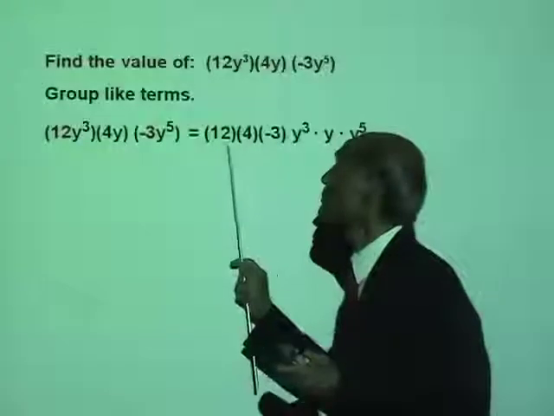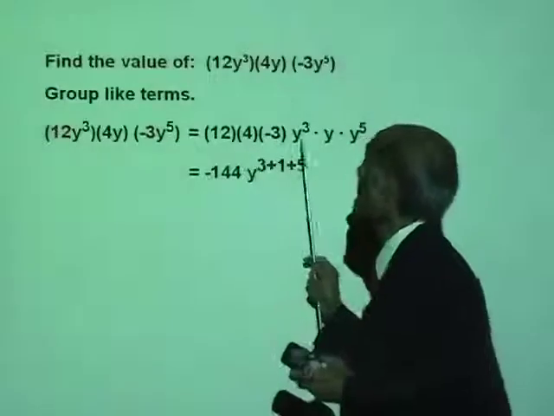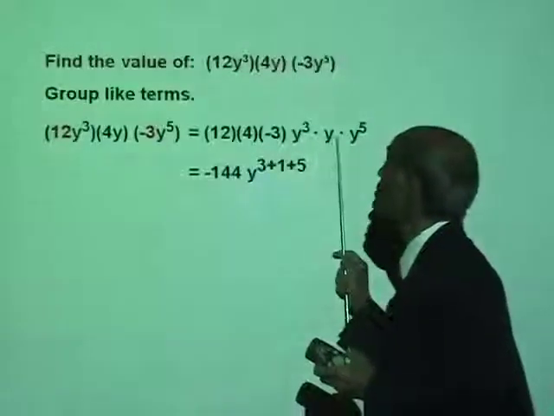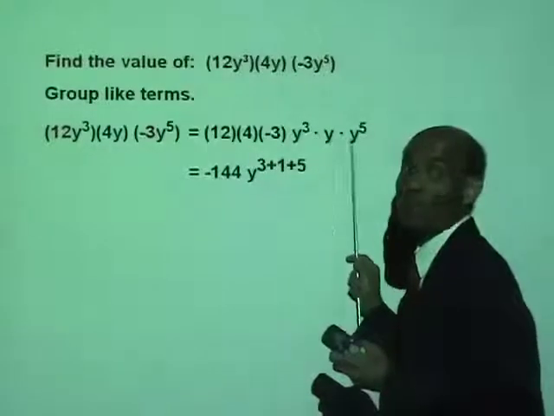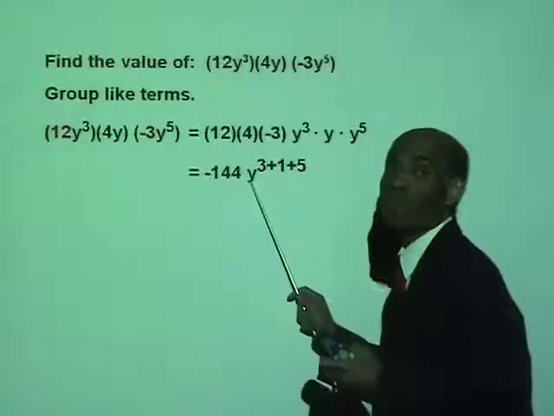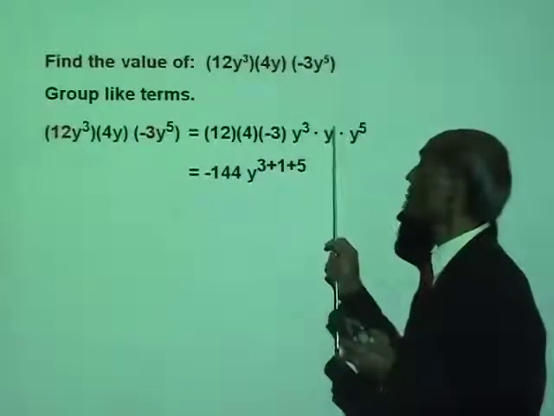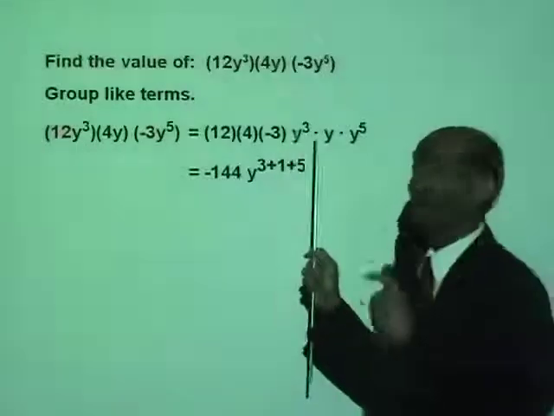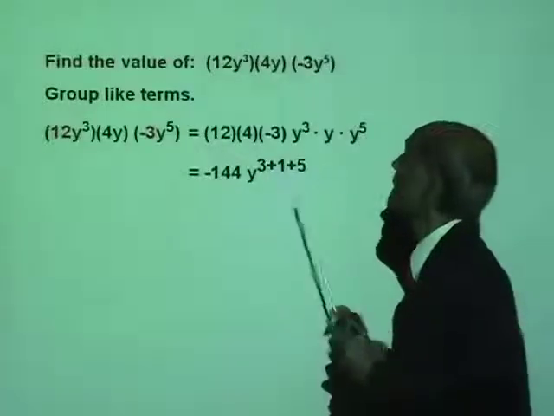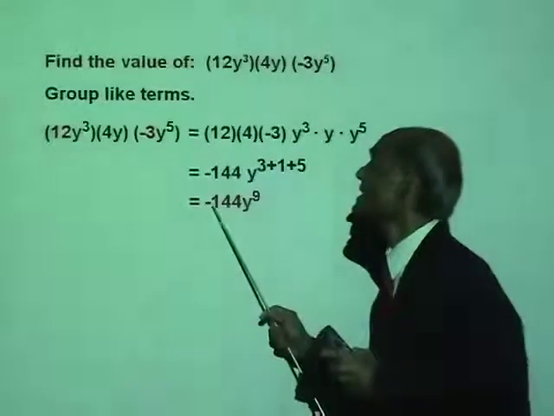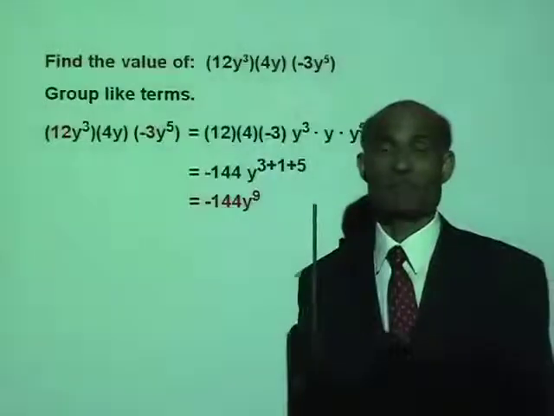So multiplying these numbers will give me negative 144. And multiplying expressions in base y, all of them have base y, so that will be y to the power of, add the exponents. If you don't have an exponent there, it means it is a 1. That will be 3 plus 1 plus 5. And that will be negative 144 y to the power of 9.